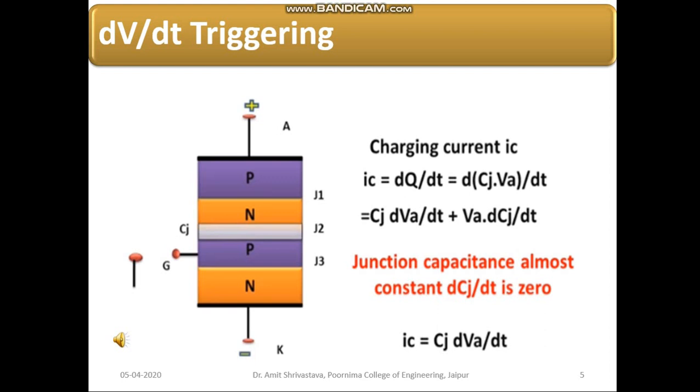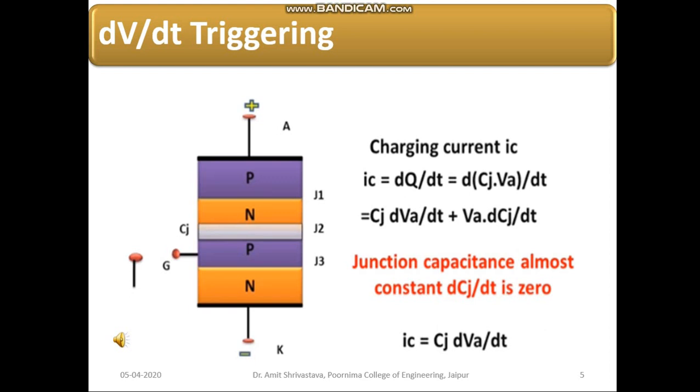If forward voltage is suddenly applied, a charging current through junction capacitance Cj may turn on the SCR. Almost the entire suddenly applied forward voltage Va appears across junction J2.